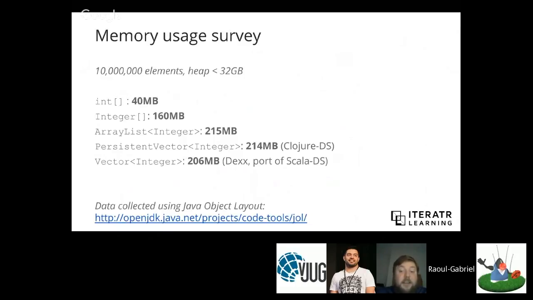Obviously, if you move to the Integer array, it takes up a lot more memory. And it would vary as well, depending upon whether you're in a 32-bit or 64-bit architecture. Array lists of Integer, of course, tend to take up a little bit more memory again than the boxed Integer array, because they double in size periodically.